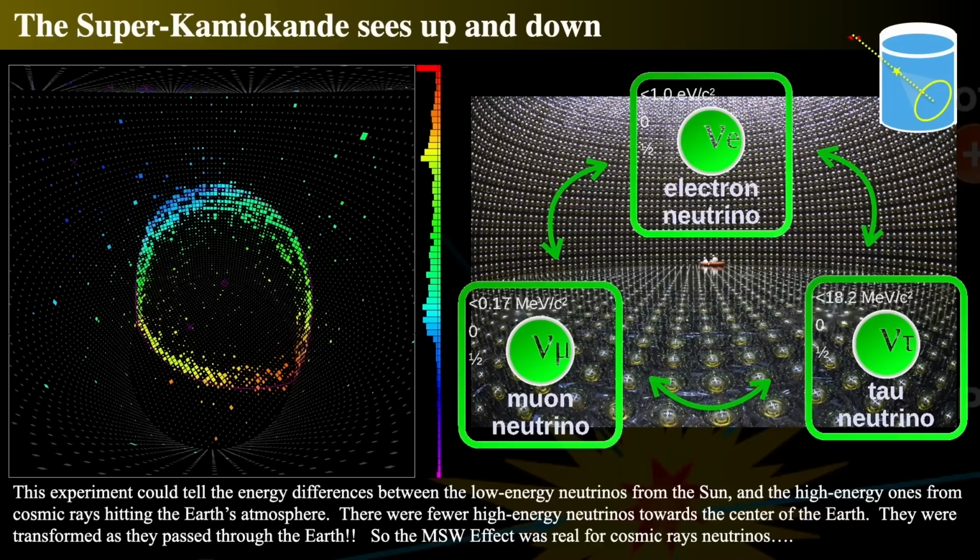Using the timing and charge information recorded by each photomultiplier tube, and where the point was the interaction vertex, meaning that in this image we see here, this ring of detection and the flavor of the incoming neutrino could be determined. From the sharpness of the edge of the ring, the type of particle can be inferred.